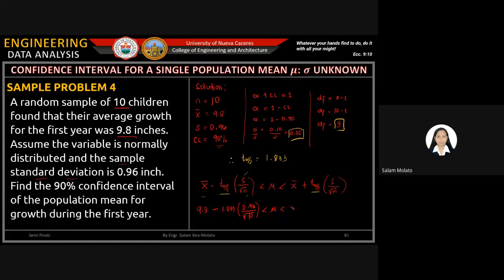The upper limit is 9.8 again, plus, this time it's plus, 1.833 times S. S is 0.96 over the square root of 10. Okay, you can now compute for the lower limit and the upper limit. So please try to compute it.